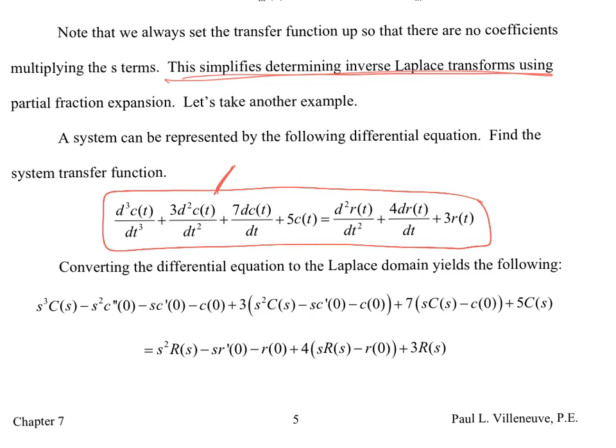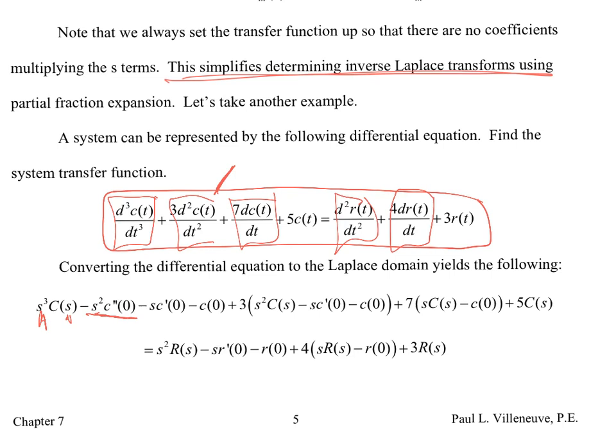So all we need to do is take this entire equation and convert it to the Laplace domain, which means I'm taking the triple derivative, second, first, none, and then second, first, and none. So to do my triple derivative, I've got s cubed multiplied by C of s, and I'm being 100% complete.